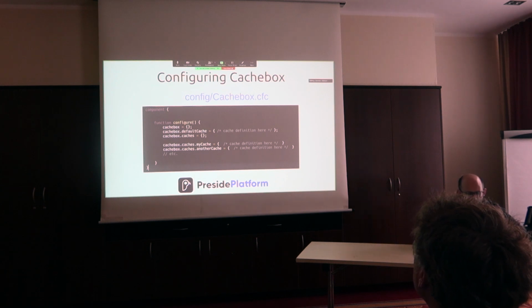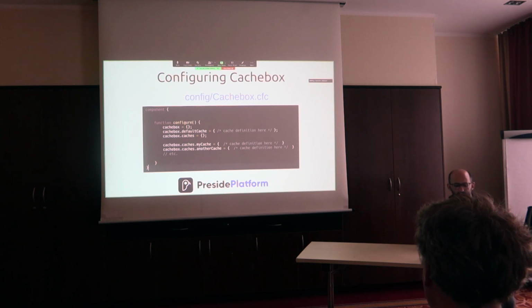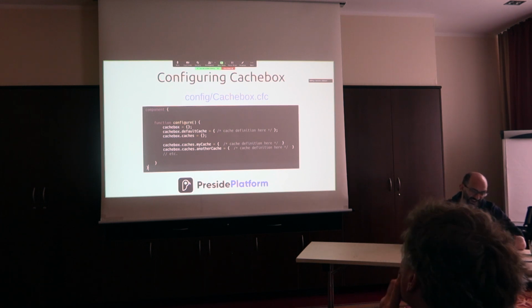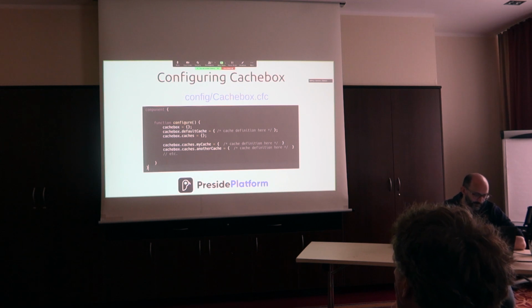But anyway, you define a cachebox structure. Keys can be default cache, which is a cache definition, which we don't really use in Preside. And then a caches structure, the keys of which are IDs of caches, and their values are another structure, which are cache definitions, and that's it. So it's pretty straightforward, really. A CFC that defines caches.